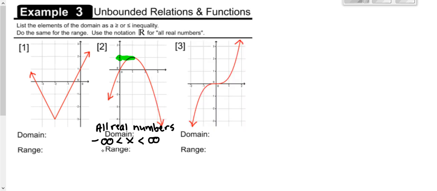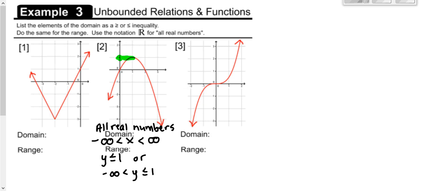You can see it as all my y values are less than or equal to 1, or you can see it as negative infinity is less than all my y values, and all my y values are less than or equal to 1.